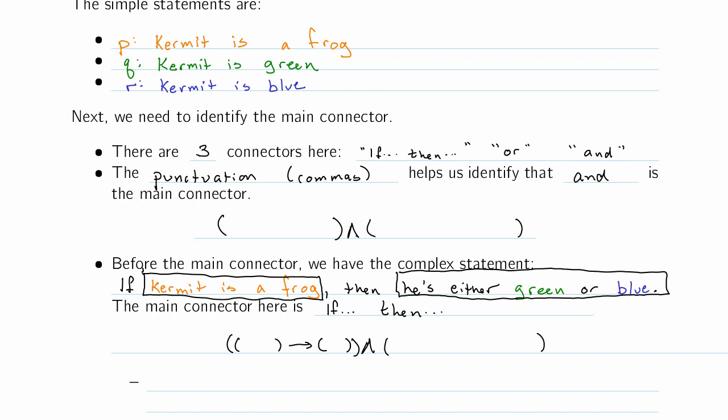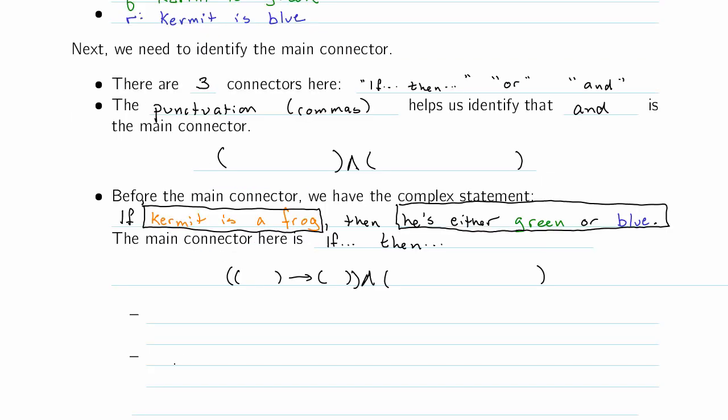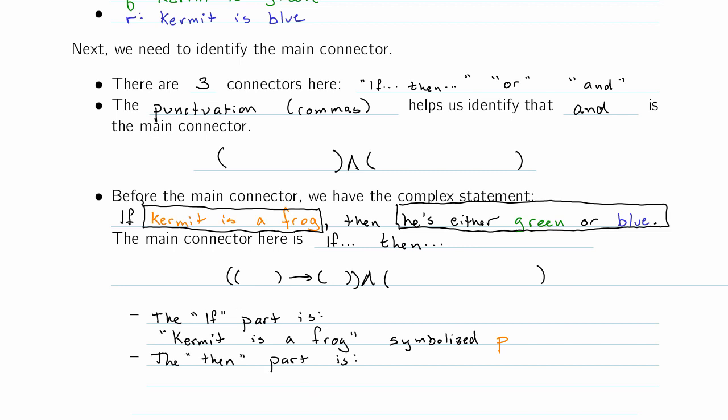Okay, now we're still working on this first part. It's an if-then. The if part is Kermit is a frog, and that's just P. The then part is he's either green or blue.